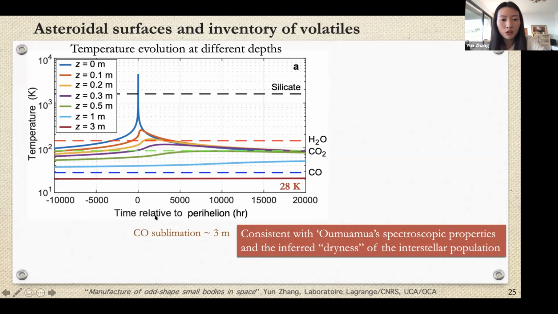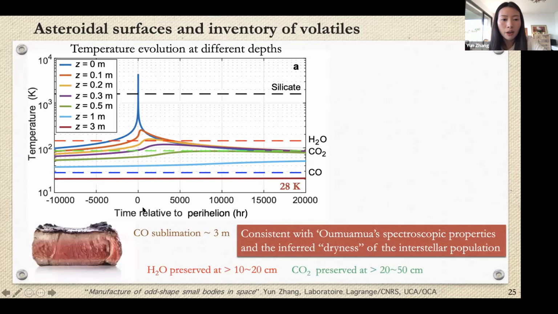In fact, this depletion provides an explanation not only for Oumuamua's spectroscopic properties and non-cometary activities, but also for the infrared faintness of the whole interstellar population. So we could have many more asteroid-like interstellar objects than we previously thought. However, since the subsurface region is less heated by the star, higher sublimation temperature volatiles like water ice and CO2 buried beneath the surface are still condensed.